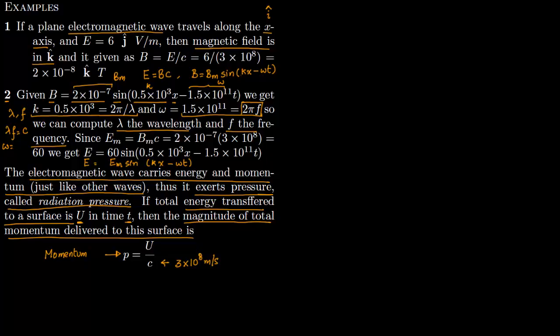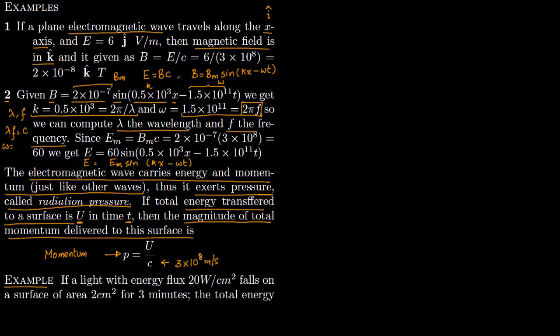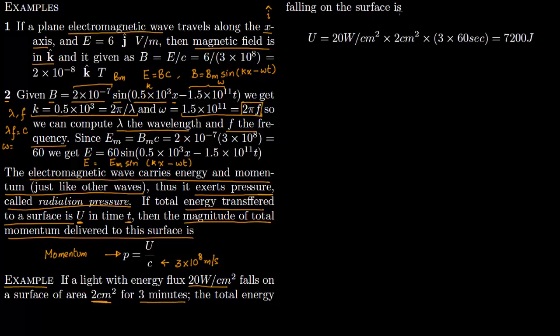Let us see an example. This will be clear in an example. There is light which has an energy flux of 20 watt per centimeter square, and this falls on a surface of area 2 centimeter square for 3 minutes. So the total energy falling on the surface is 20 watt per centimeter square times 2 centimeter square times 3 minutes, and you convert the 3 minutes into seconds.